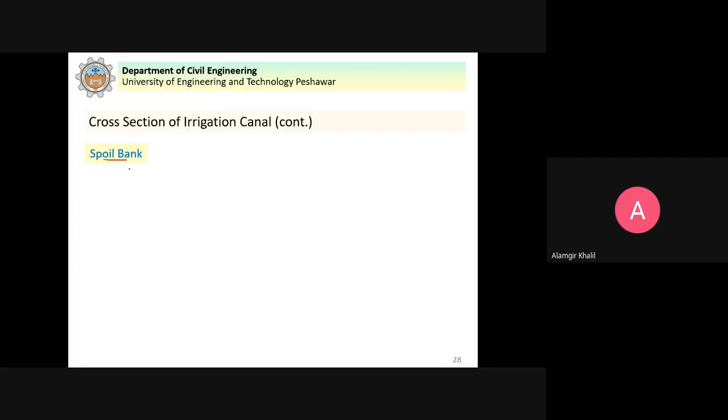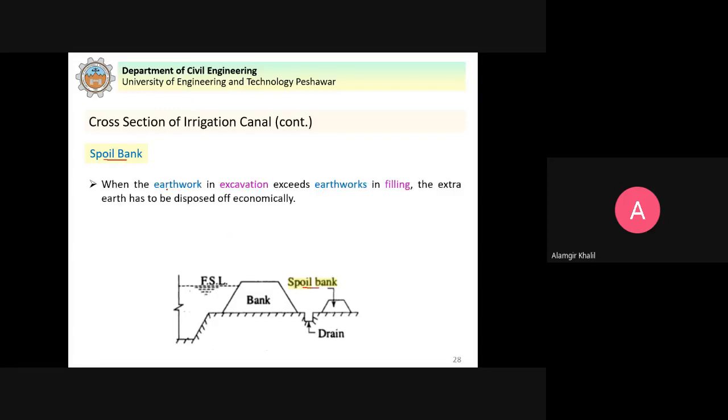Next is spoil bank. So this is spoil bank. When the earthwork in excavation exceeds earthwork in filling, the extra earth has to be disposed of economically.